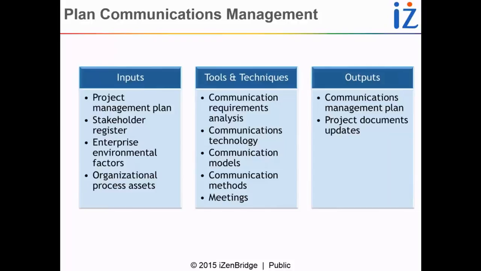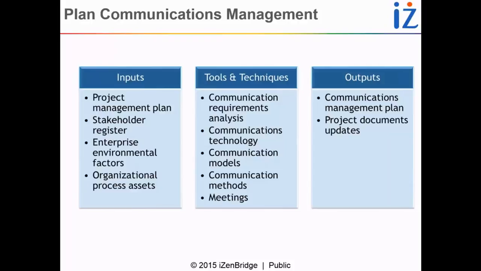If the company has run projects previously, and they probably have, then they have accumulated a lot of information about the communication methods that were used and that work well. So instead of making our own mistakes, we can use all this valuable information that the company has collected and collated to make sure that our communications management plan is robust and effective.